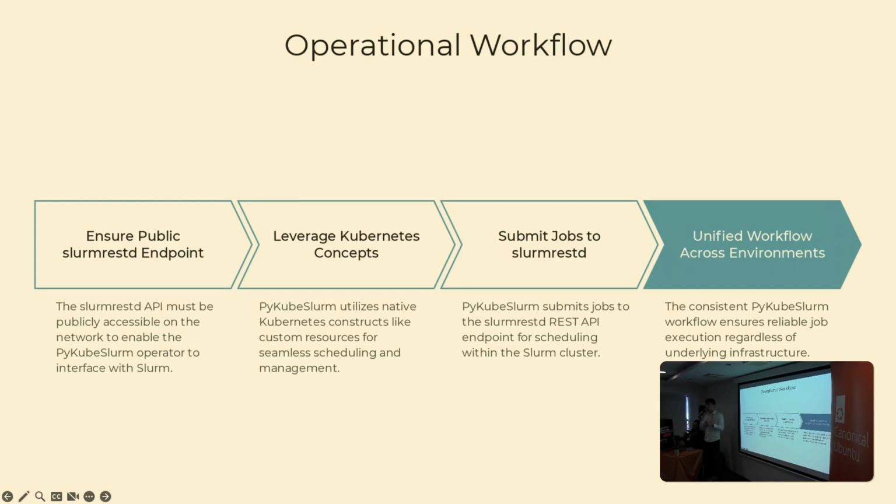Because sometimes you change stuff, and sometimes you need to roll back. So in my opinion, this is such a great thing, because you can leverage the Git workflow plus the Kubernetes workflow to version control your resources, your job scripts, right?